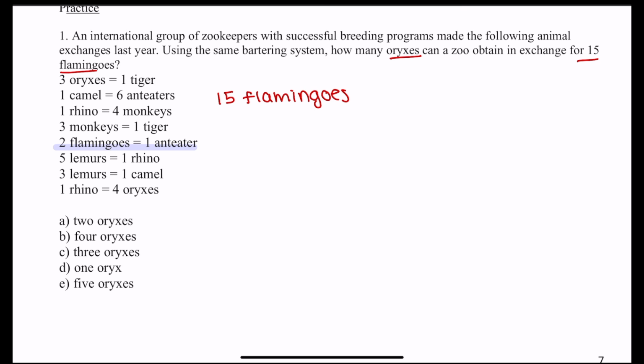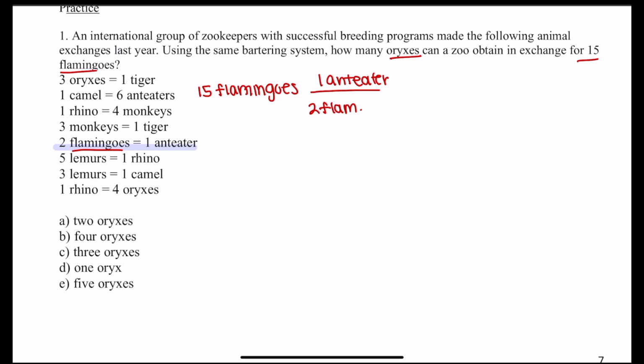It gives me anteaters. So we get 15 flamingos times, since this is our unit, 2 flamingos at the bottom, and 1 anteater at the top.